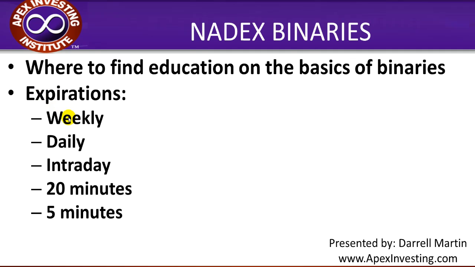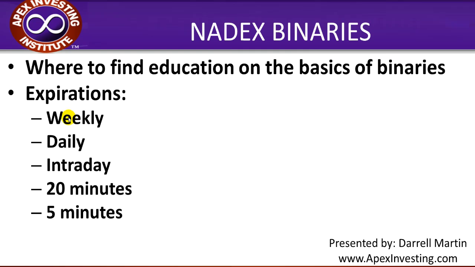All right. So expirations. On binaries, you have weekly expirations and daily expirations. Weekly is obviously expiring at the end of the week, like at 3 o'clock on FX, at 4:15 on U.S. indices. You've got daily ones expiring at different hours.